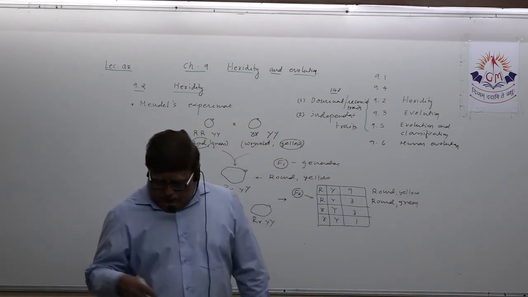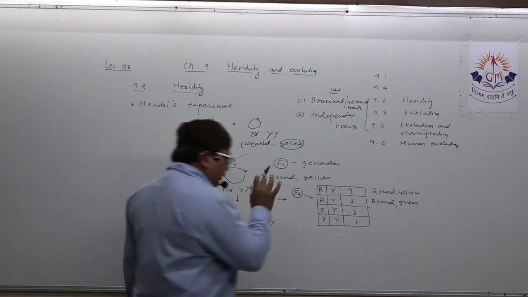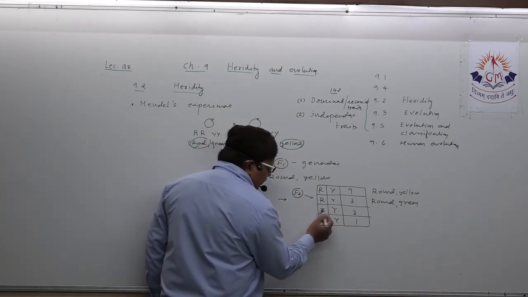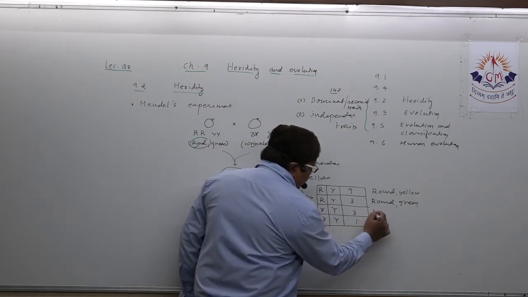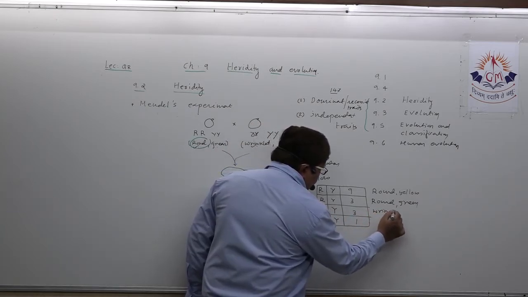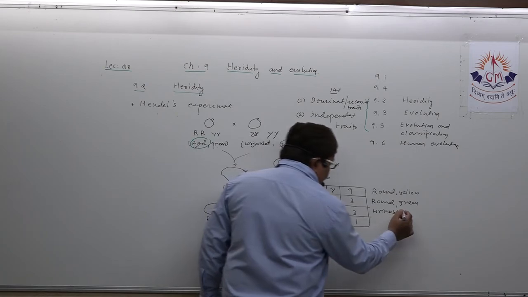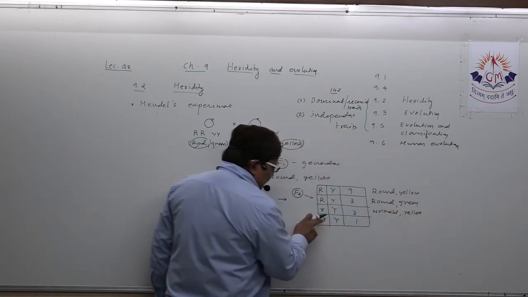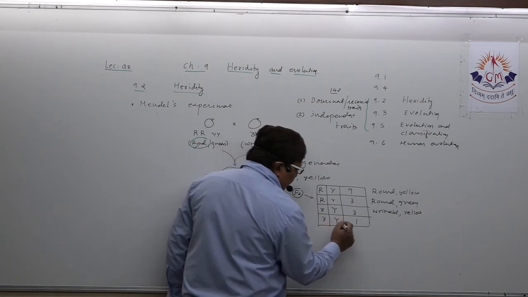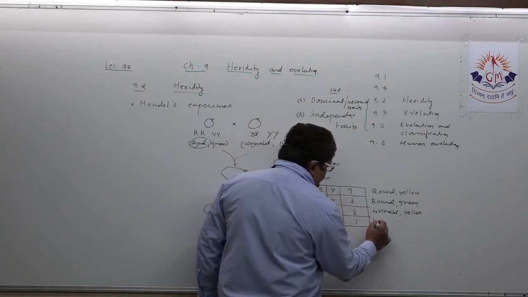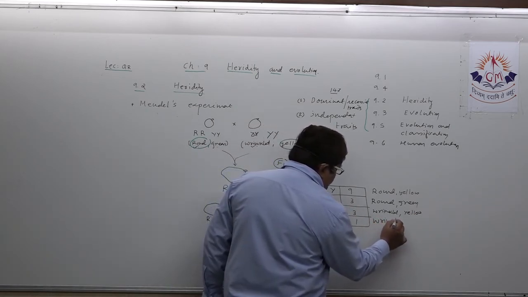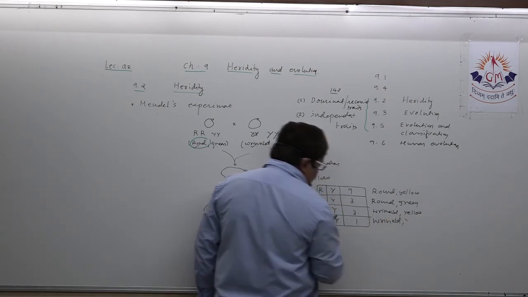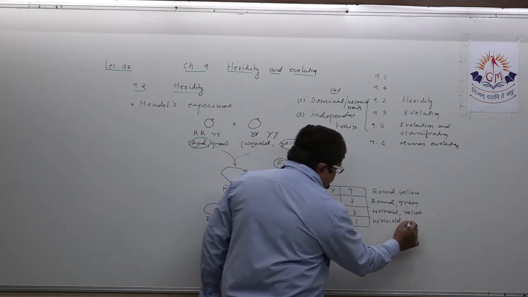But how to remember this? Small r, capital Y: small r means wrinkled and capital Y, as you know, means yellow. Then again small r and small y: small r means wrinkled and small y means green.